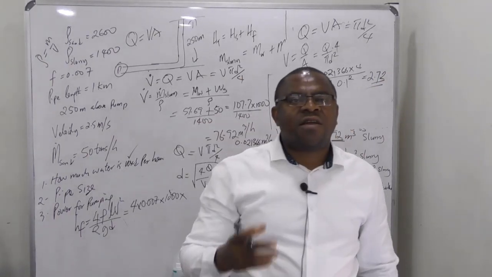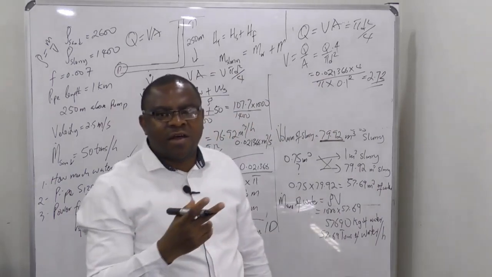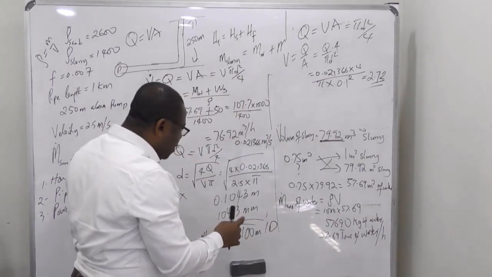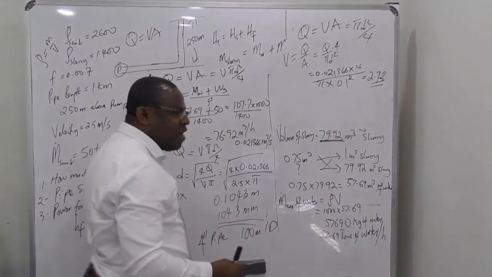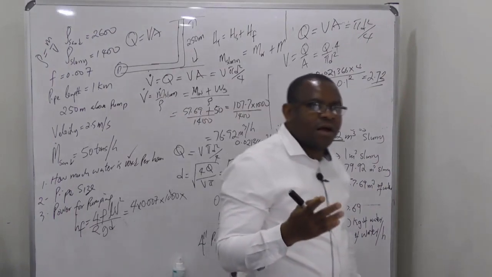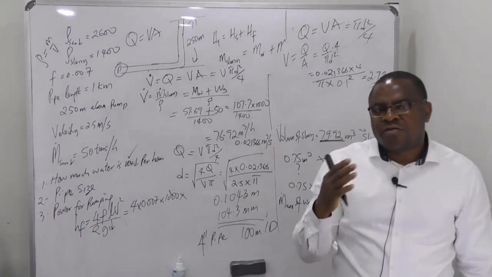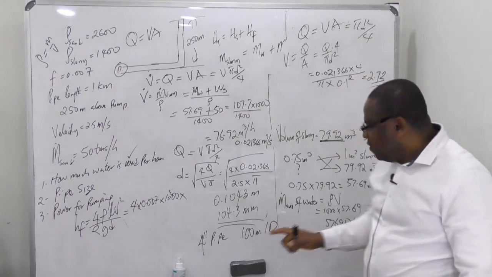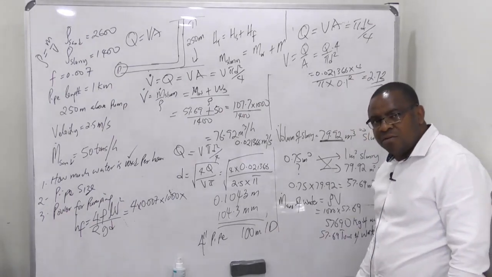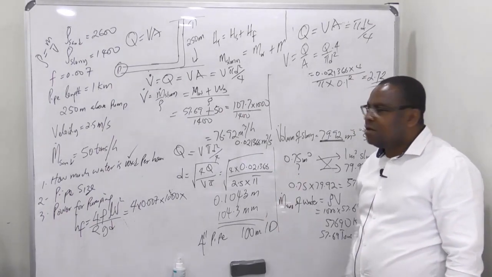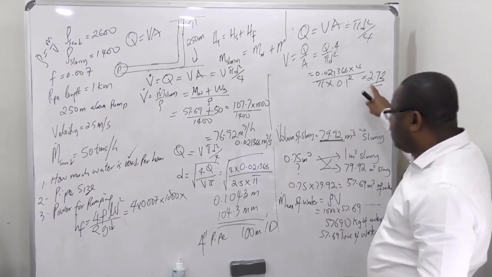This will be the velocity that we are going to use to solve. Remember, as I said, if you use a 125 millimeter diameter, the velocity is going to be very, very small, so that you will not be able to push that slurry. So we're using this.